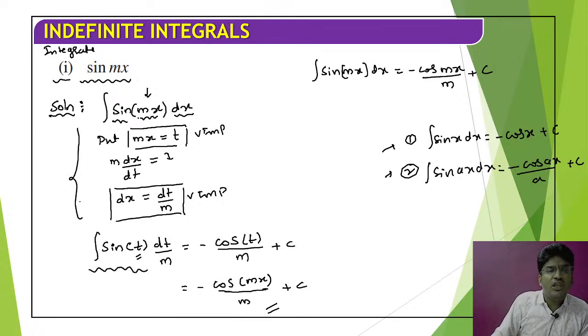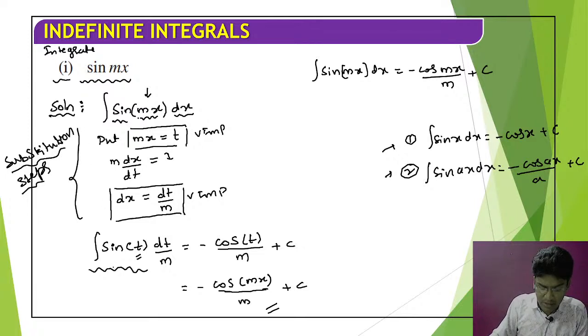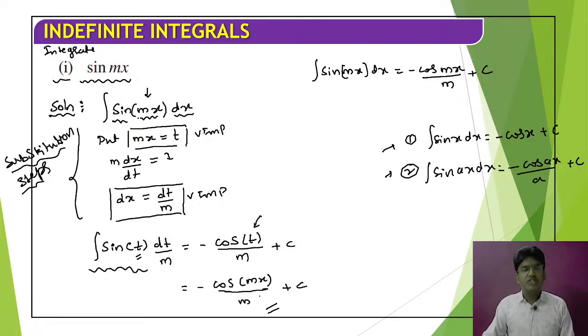These are all your substitution steps. After doing the substitution steps, you have to do integration. So what is the integration of sin t? Minus cos t, divided by m is constant, write as it is, plus c. Now what is t? mx. You replace that. Okay. So if you do this, your problem is over.